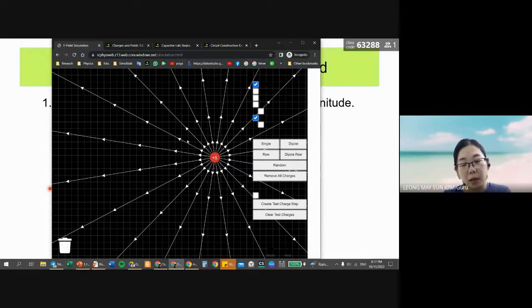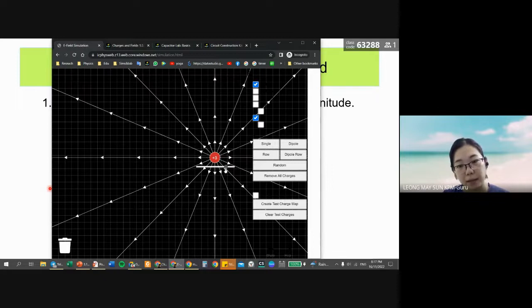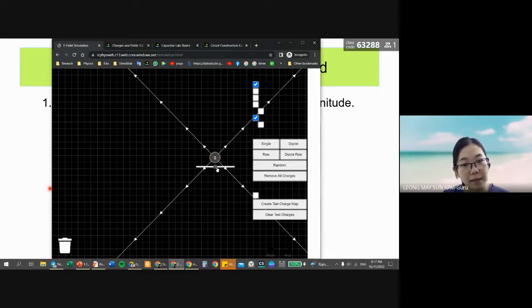But as it gets closer towards the positive charge, the distance between the electric field lines is closer, meaning the electric field is stronger there. And then the magnitude of the charge will be represented. The more lines, the more number of lines, the number of lines represents the magnitude.